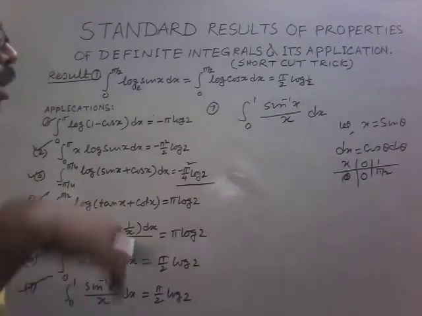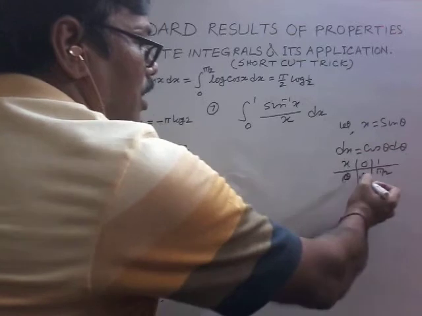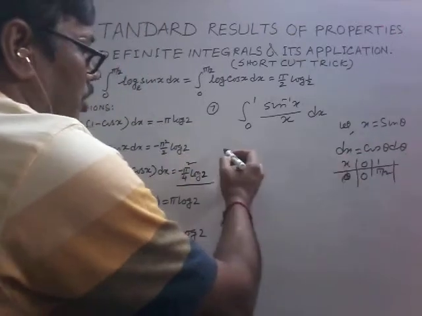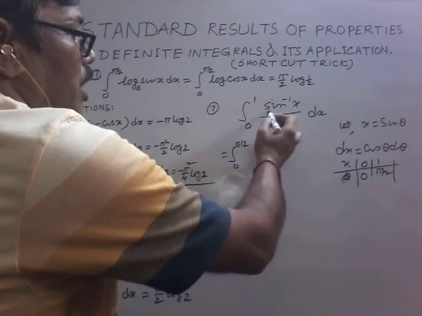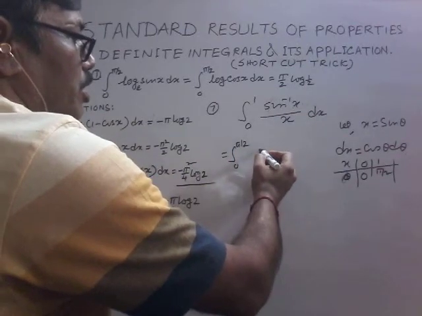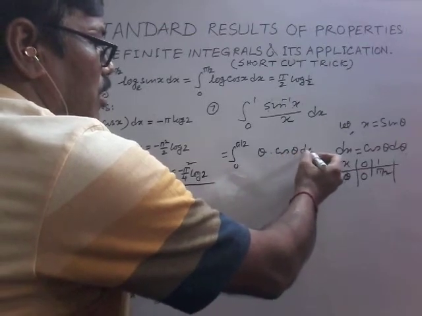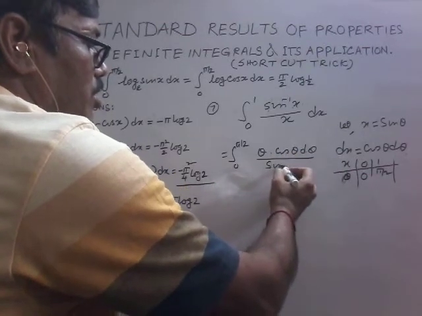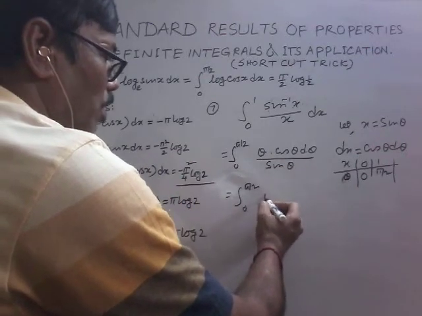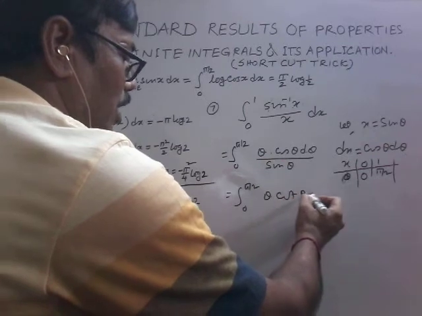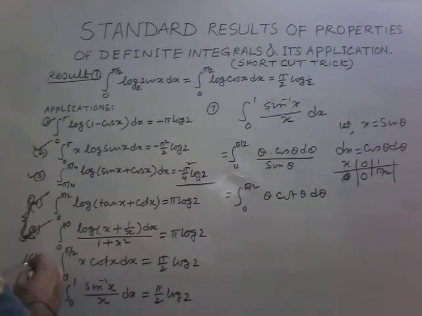So x equals to sin theta, dx equals to cos theta d theta. Changing limit, we get 0 to pi by 2. Sin inverse x is theta. dx is cos theta d theta, and x is sin theta. So 0 to pi by 2, theta cot theta d theta. Now this reduces to problem number 6.